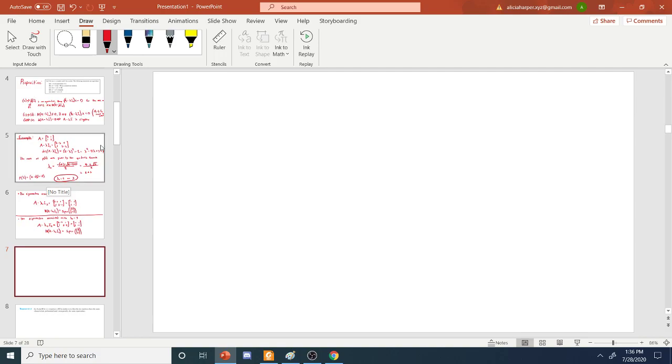So this time, I want to let A be equal to 2 here, and then negative 1 here, and then 1 here, and then 2 here.